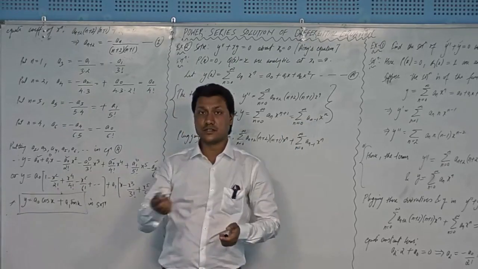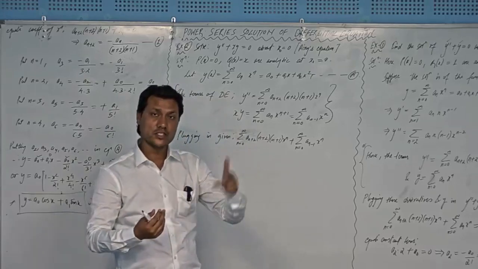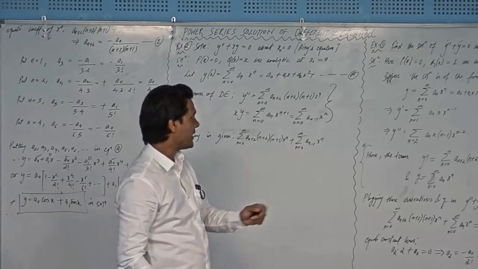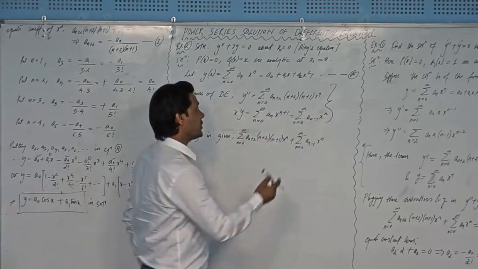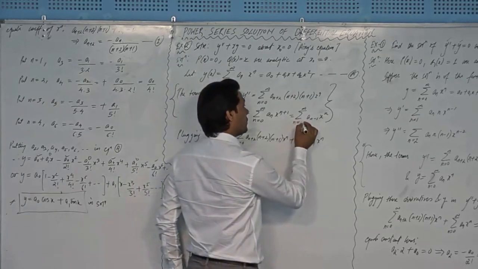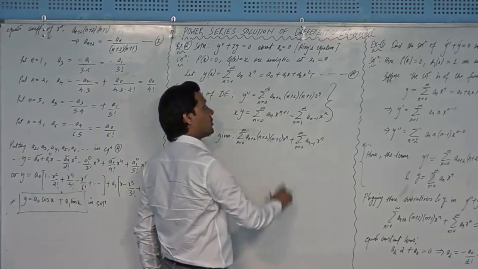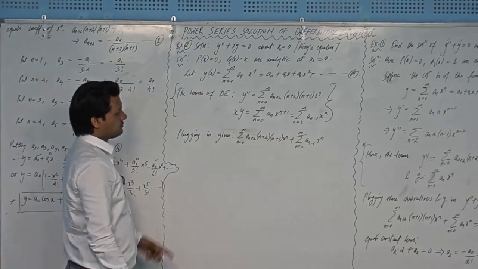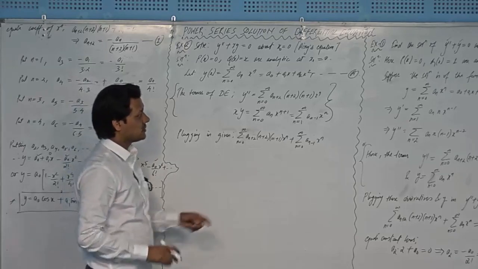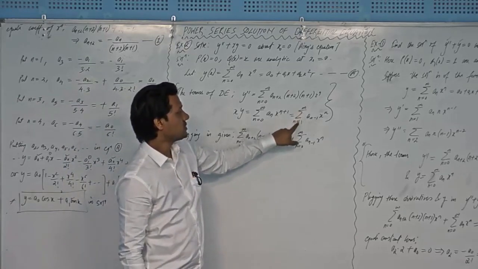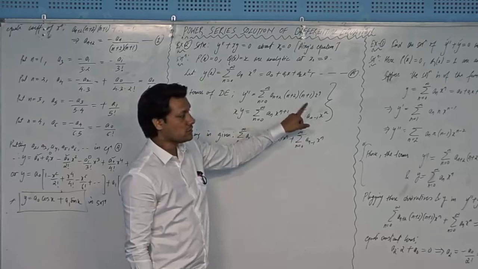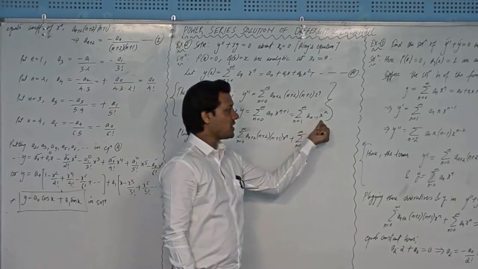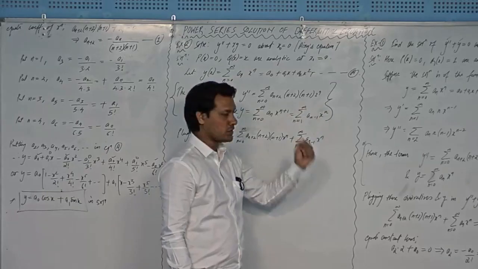You know that the power series contains all positive powers of x and all positive suffixes of a. Negative suffix is not allowed. So what should I do? I should write 1 here. And that is a very important point. So you can say that the range of this summation should be written taking into consideration both this a as well as this power of x.